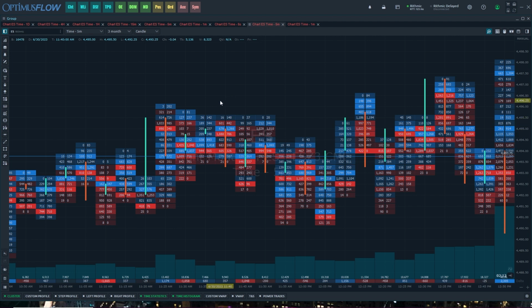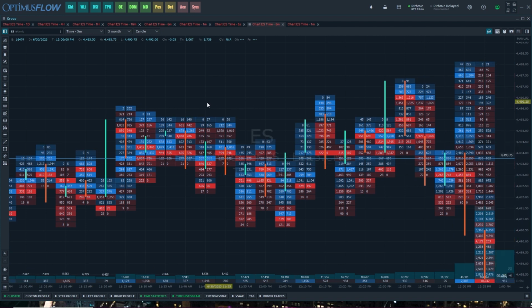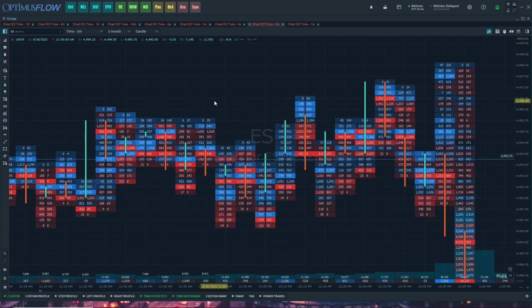And again, I always pull this up on the footprint chart. It's extremely easy to see with Optimus Flow. We have videos on how to set up footprint charts, but this is a tool that has been very helpful in identifying how orders are coming into the market and overall market sentiment.